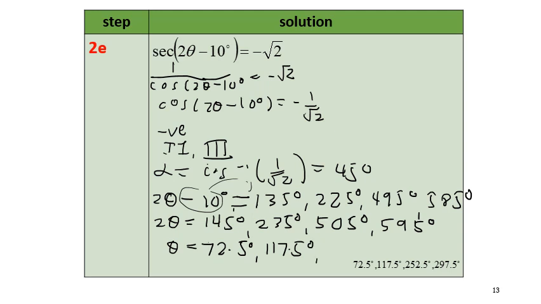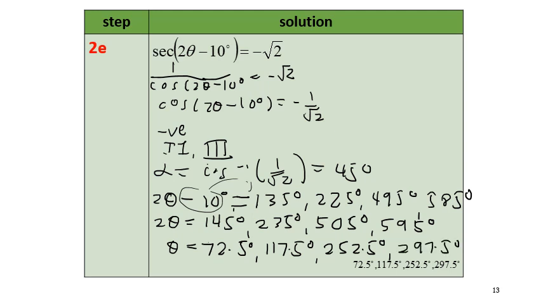And then 505 divided by 2, change to decimal, so we got 252.5. And lastly 595 divided by 2, change to decimal, 297.5.